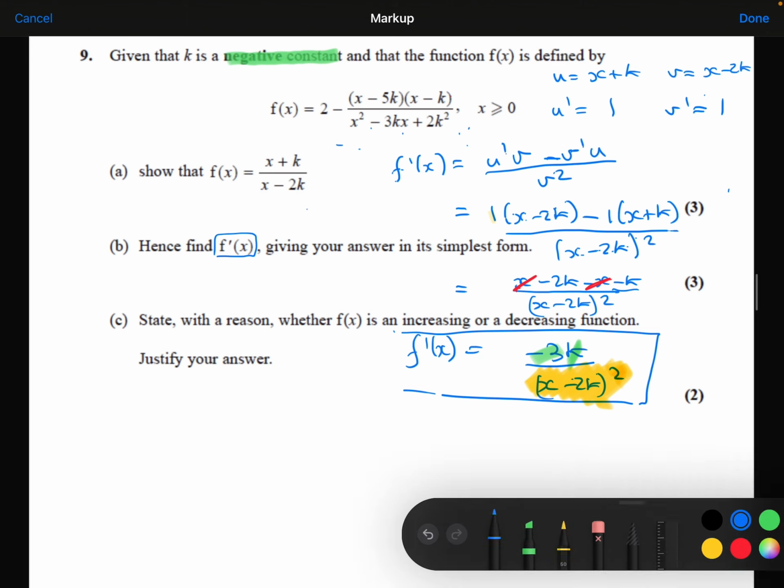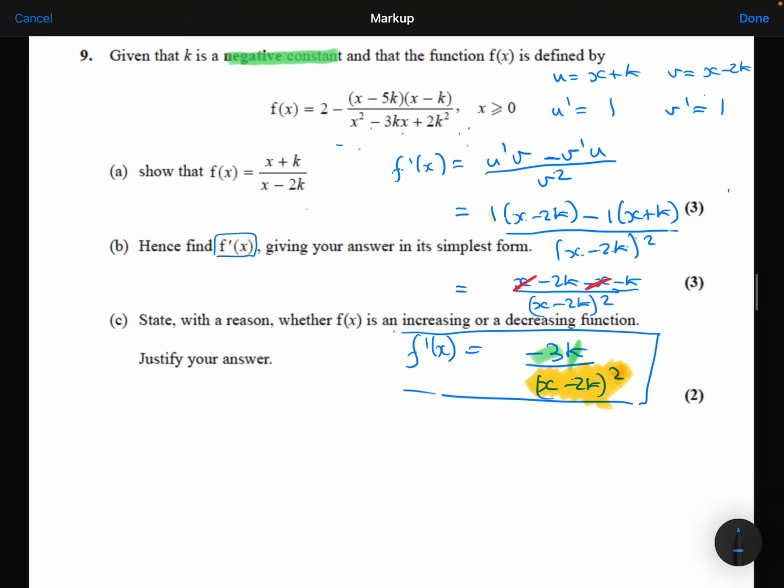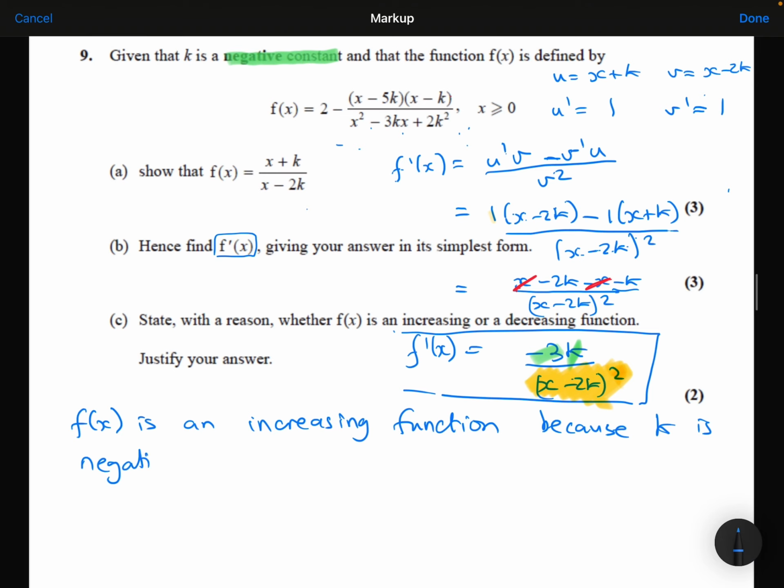So I need to state and explain this. So I'm going to say f of x is an increasing function because k is negative, so minus 3k is positive.